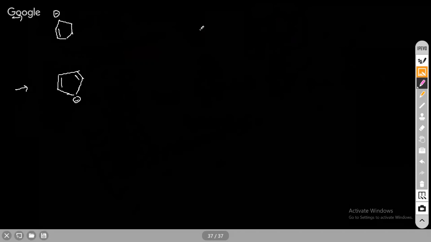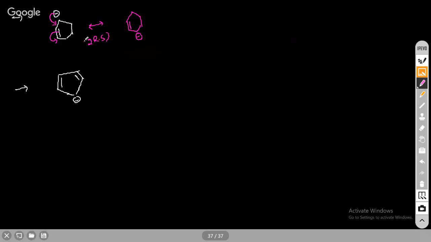See here, this is a negative charge, right? So this negative charge comes over here and this pi electron will go onto this carbon atom. So the resonating structure here will be this. We have a double bond here and a negative charge here. So only two RS are possible in this.